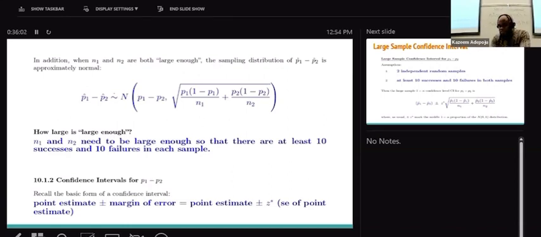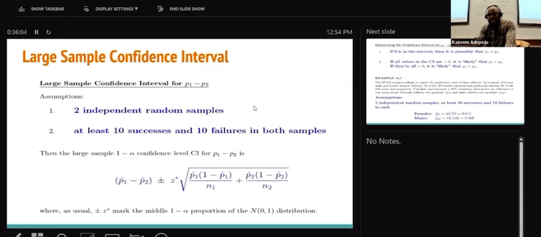Okay, now let me show you the formula. Do you see the formula now? That is the formula. And you're always going to say, is this a z-score, not a t. Whether you are dealing with a confidence interval for proportion for one group or for two groups, it's always going to be a z. Now look at the assumption.